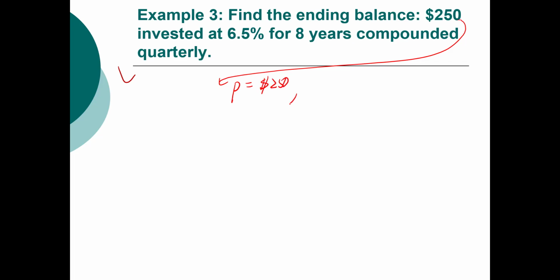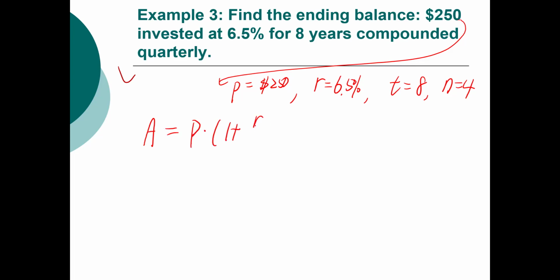Principal equals 250. Invested at 6.5%, that's the annual interest rate, 6.5%, and for 8 years, compounding quarterly. So time t equals 8. Now compounding quarterly, there are 4 quarters in a given year, so here n equals 4. So one more time, we're looking for the ending balance. So ending balance equals principal times (1 plus rate over compounding periods) raised to nt.